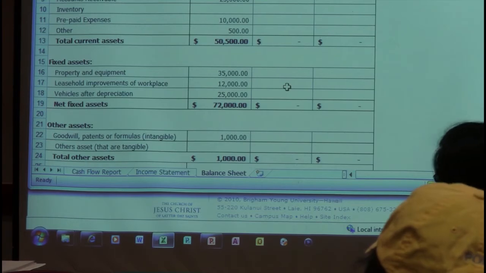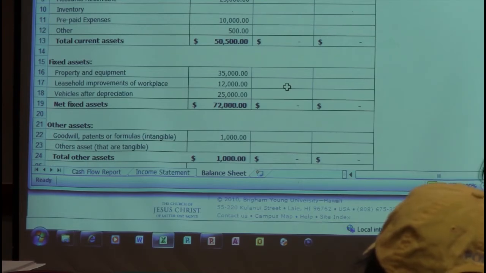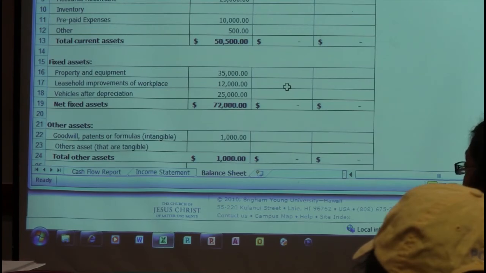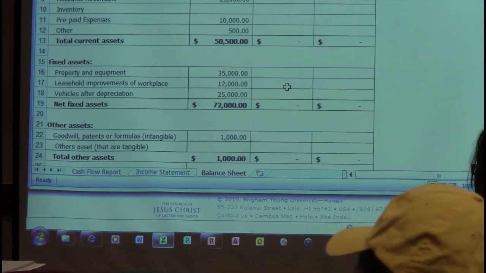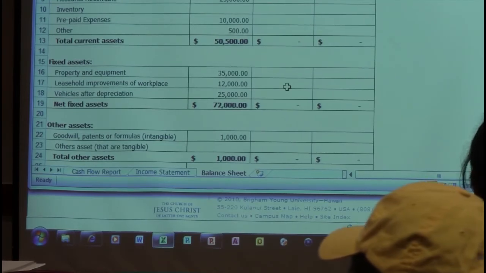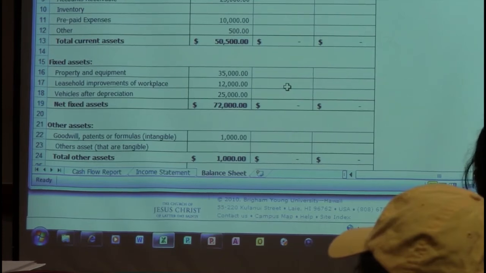Could we have an explanation of goodwill? An entity that is not necessarily tangible, or that is not tangible. For example, with Disney, Mickey Mouse is probably a pretty good example of goodwill. It's representative of the company, a hallmark of the company.